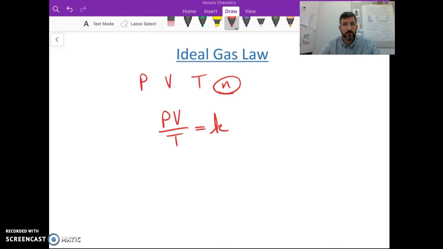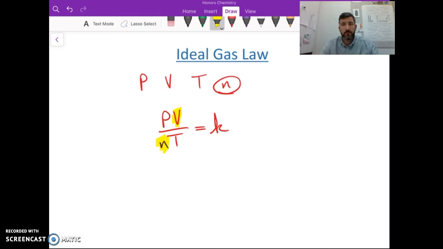So you should have said that volume would increase as number of moles increases. And so that would put N, number of moles, into the bottom of the equation, meaning that volume and number of moles are directly related.